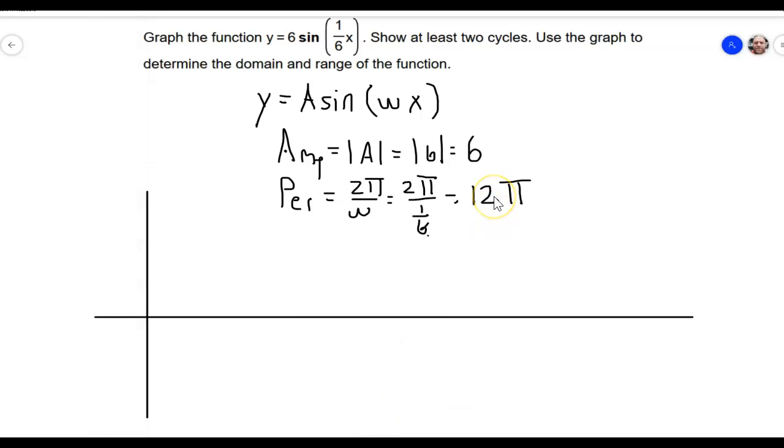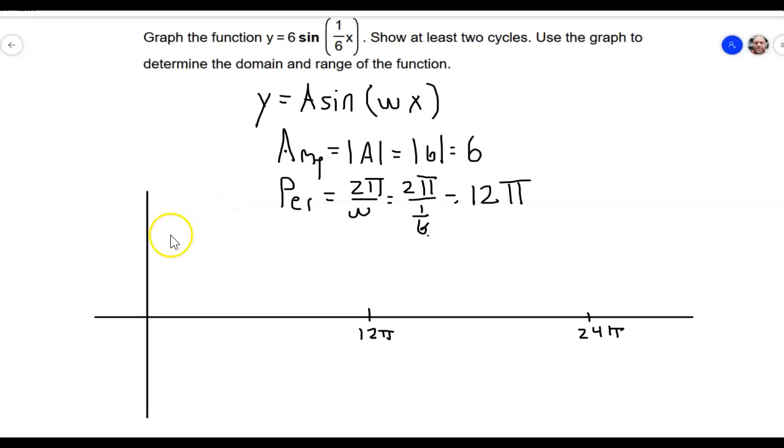We know we're going all the way out to 12 pi, and they want at least 2 cycles. So I will put 12 pi here, and out here 24 pi to make sure I do 2 cycles.